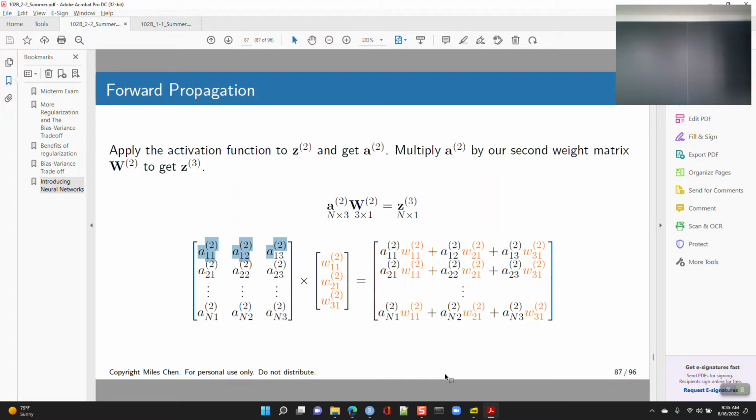Basically, when I say do the sum, we want the sum over J of this, and we basically want to take this whole thing and apply a sum to it, and we're going to get a 3 by 1.